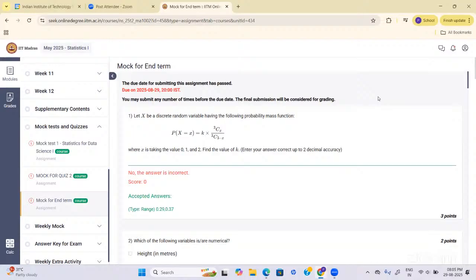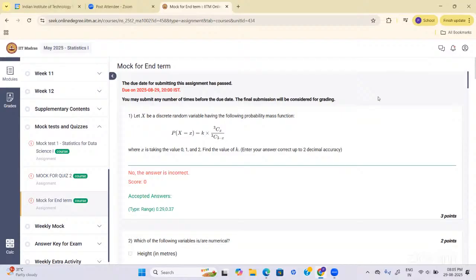Ma'am, by putting x value. Okay, by putting x value then probability of 0 plus probability of 1 plus probability of 2 equal to 1. Yes, correct.